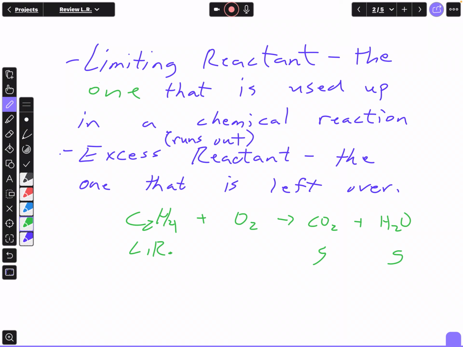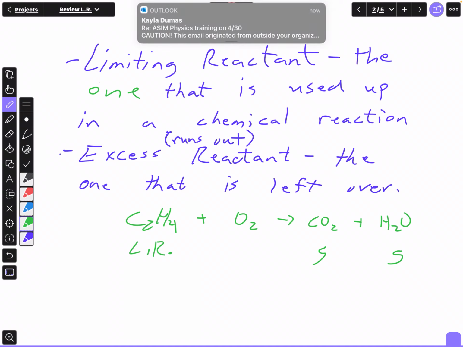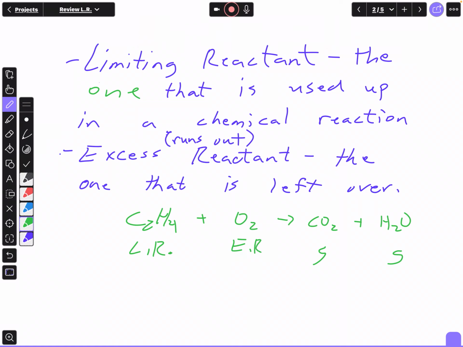When that reactant runs out, the grams of CO2 and grams of H2O produced would be set. That'd be all that could be produced. The amount of O2 wouldn't matter. It's my excess reactant. It wouldn't matter in this reaction because I would have too much of it. So the limiting reactant is the one that determines how much product is being produced.